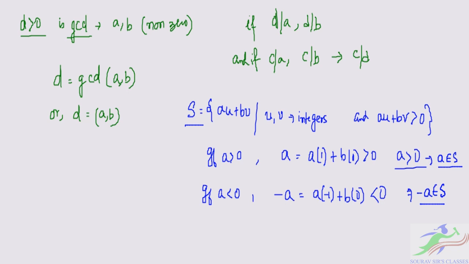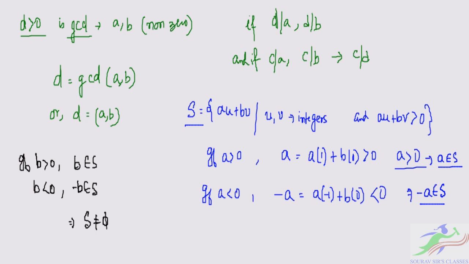Similarly, on the other hand, for b greater than 0, b belongs to S, and if b is less than 0, then minus b also belongs to S. So from here we can say that S is not null.